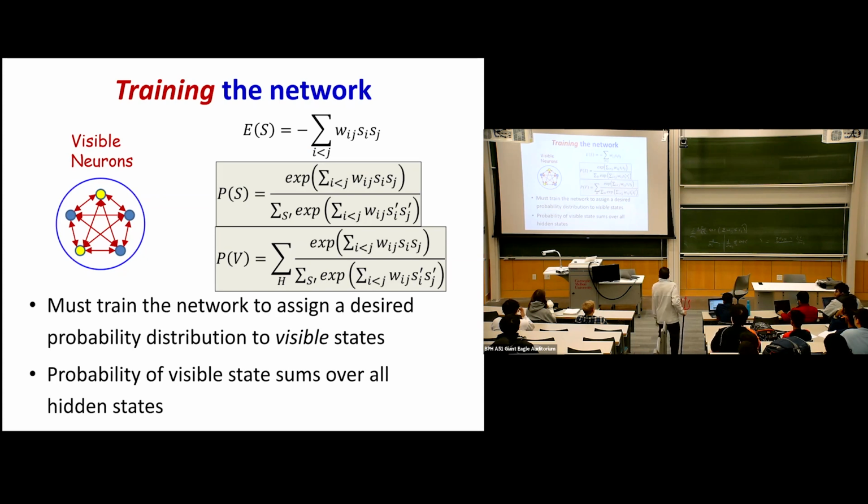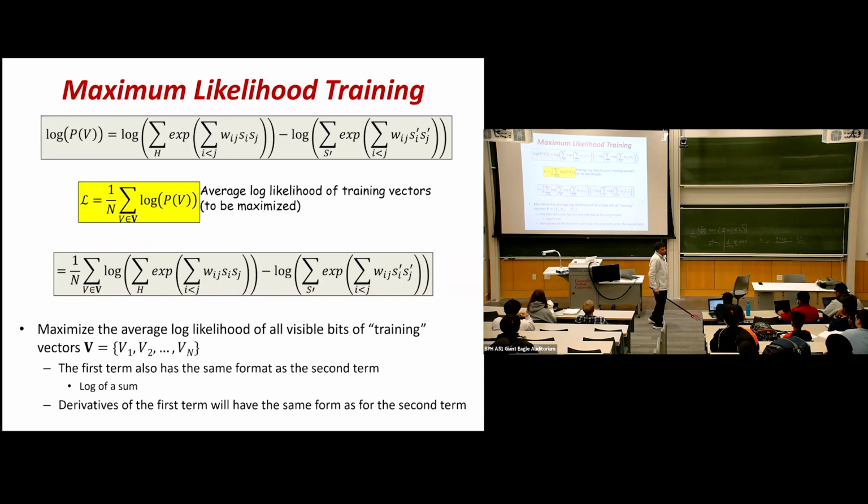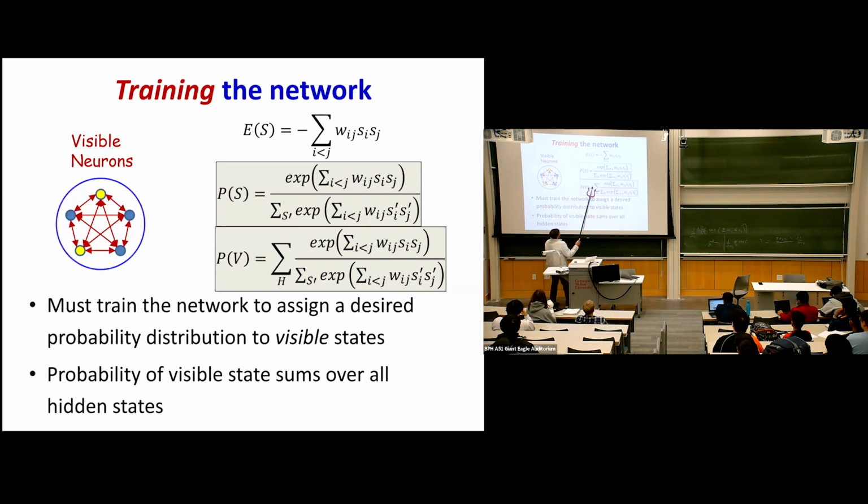So the probability of any visible state sums over all hidden states. Now when I perform maximum likelihood training, the thing changes. Here the log probability of a particular visible pattern is given by this expression. The probability of the visible pattern is given by this guy over here. So there's a log outside.